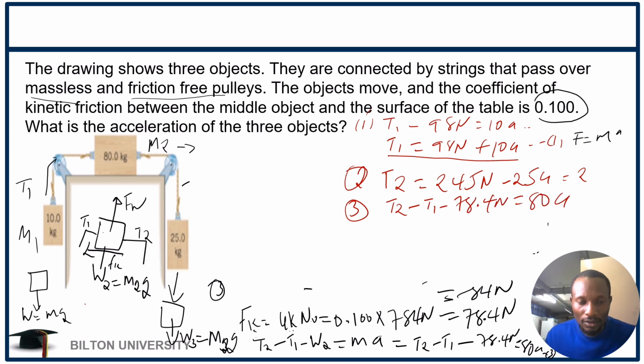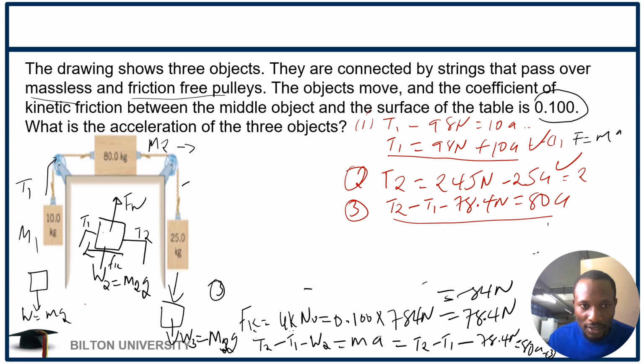We can then put equation 1 and equation 2 into equation 3. We replace them in T2 minus T1 minus 78.4 equals 80A. And what is our T2?